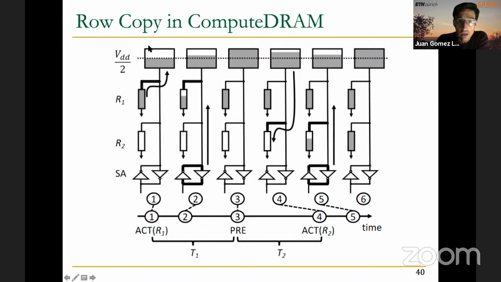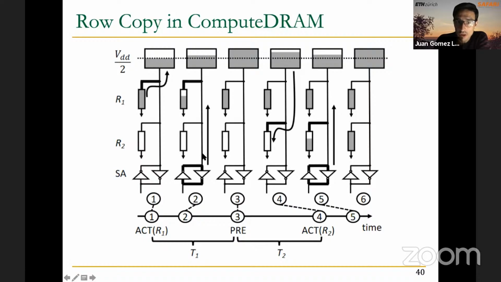So at the very beginning of this operation, we have this capacitor here that is fully charged, and at some point the corresponding word line is activated. As soon as the word line is activated, the capacitor starts leaking charge onto the bit line, and in this step 2, you see how the bit line voltage is perturbed by the charge in the capacitor, and this is why we see that the voltage level of the bit line starts to increase.